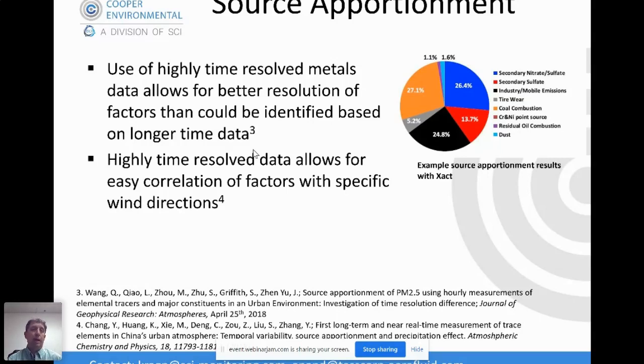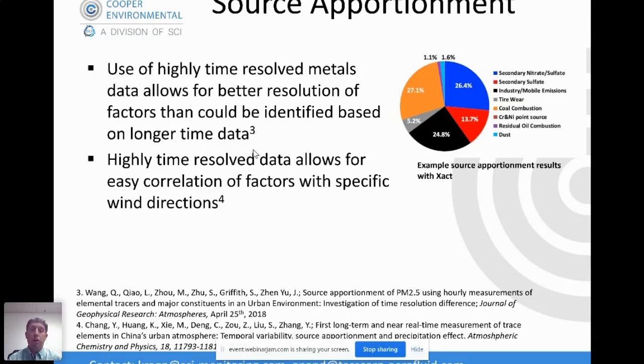So what that means practically is that you can have a much better understanding of the airshed that you're studying and be able to identify more specific factors that contribute to the PM10 and PM2.5 concentrations that you're seeing in that airshed, and then be able to use that information, hopefully, to control those sources.